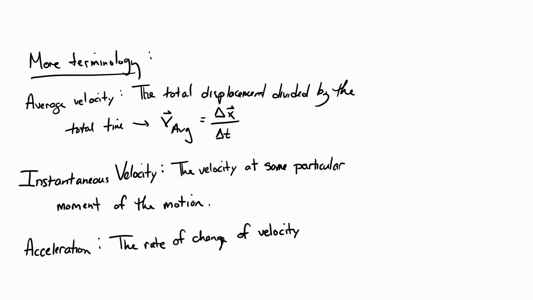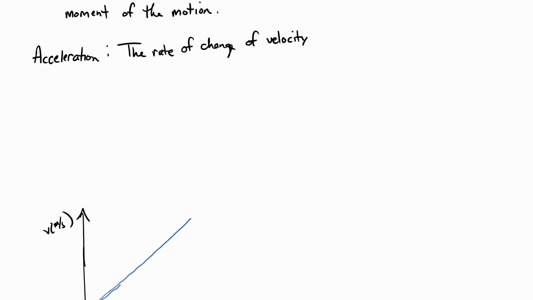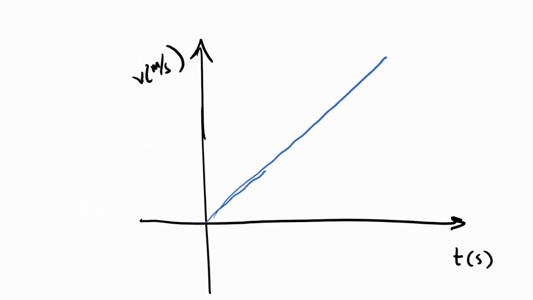And then we have one new idea, this idea of acceleration, which is the rate of change of velocity, which sounds a lot like the rate of change of position that we had before. And in fact, if I were to look at a velocity time curve, this is one that is changing, right? I'm starting at a small velocity, ending at a large velocity. So this could be the velocity curve for a position curve as we saw before.